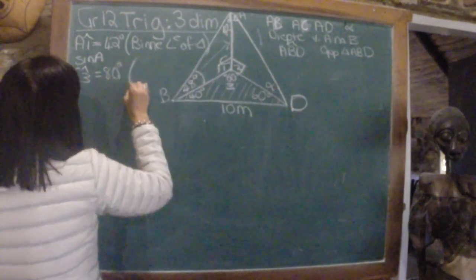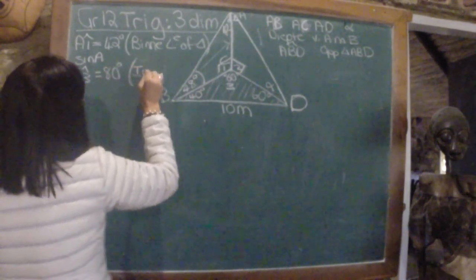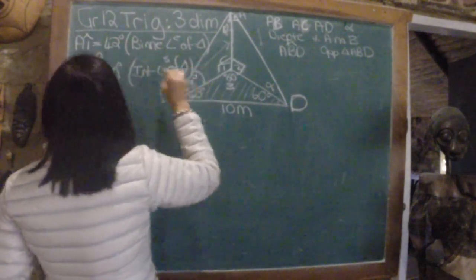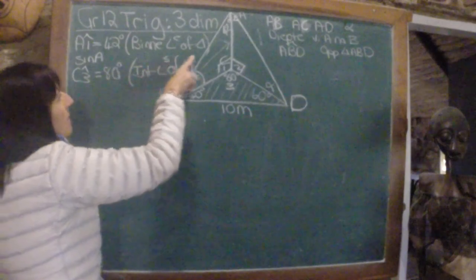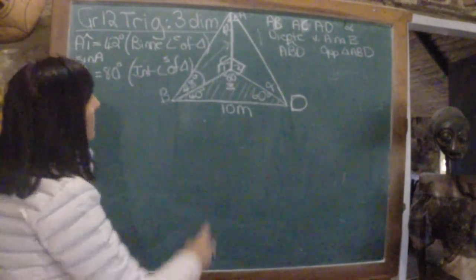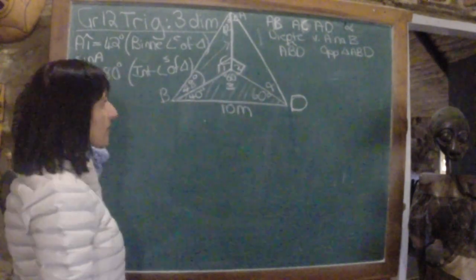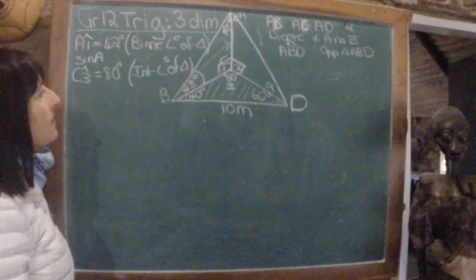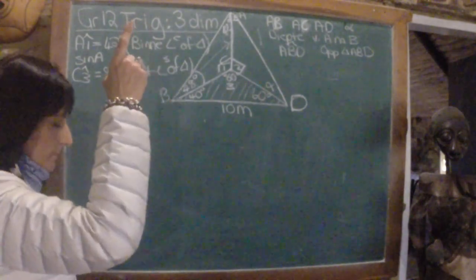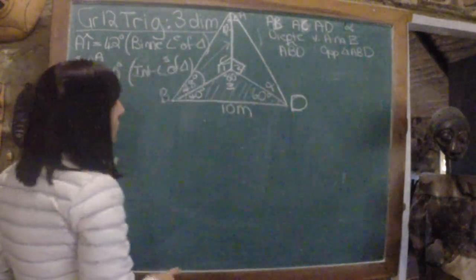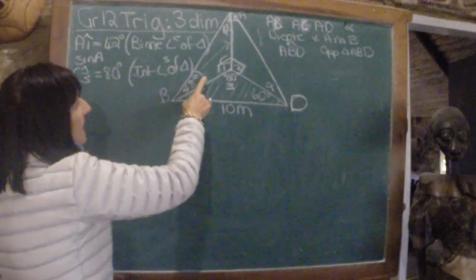Same reason as here. Interior angles of the triangle. En ek het ook net hierbo gesê dat A1 is 42 grade, selfde rede binnehoeke van 'n driehoek. Ek weet dat C1 en C2 90 grade groot is, want dit is laterale vlakke wat loodreg lê op ons basisdriehoek. So nou kan ons gaan en ons kan daai sy gaan uitwerk.